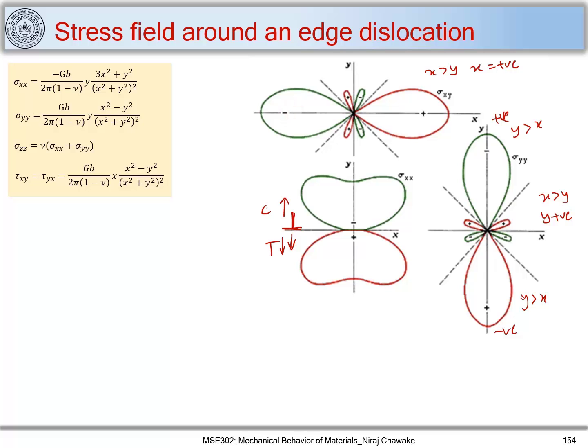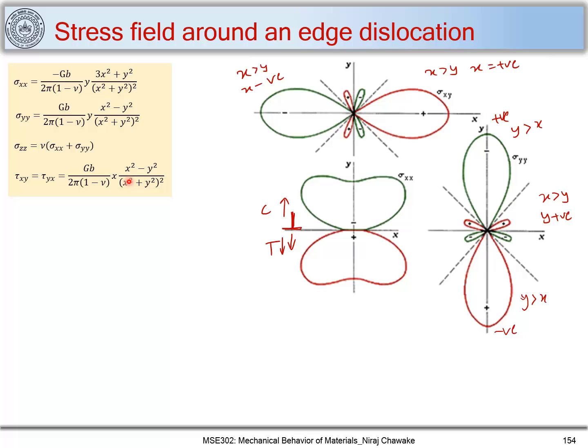Let us write it down: x greater than y but x is negative. So you have this region, and there is this region where x is positive and y is greater than x, you can say this is a compressive nature of tau xy. So we can find out these plots from all these relations.